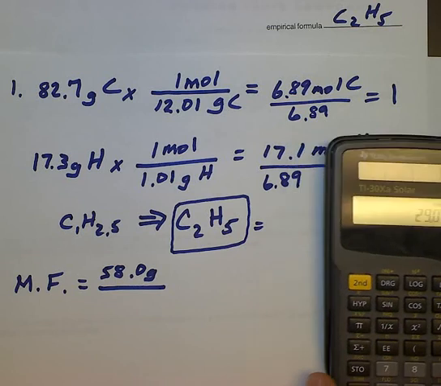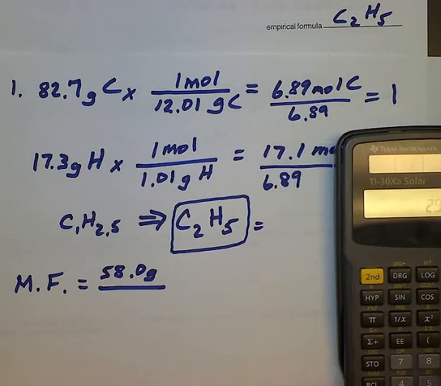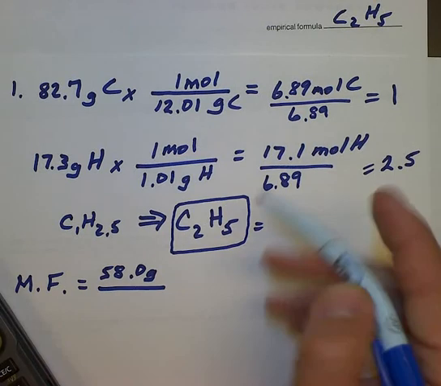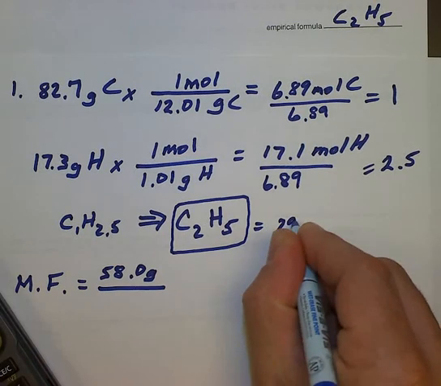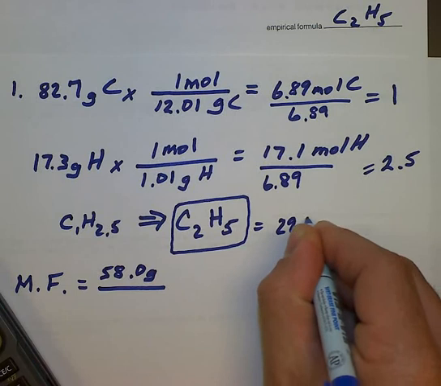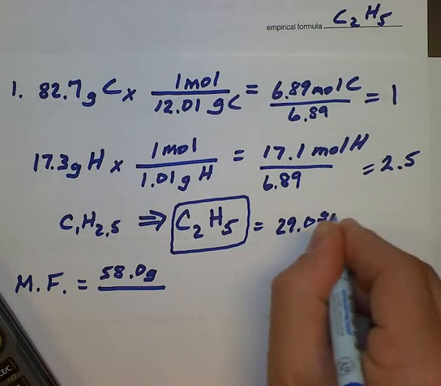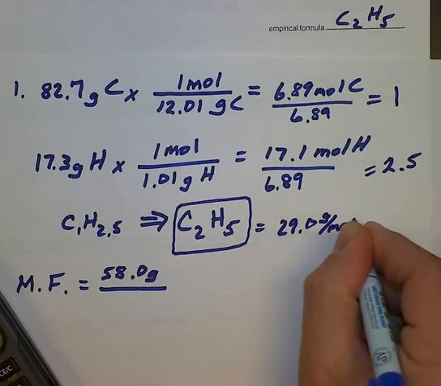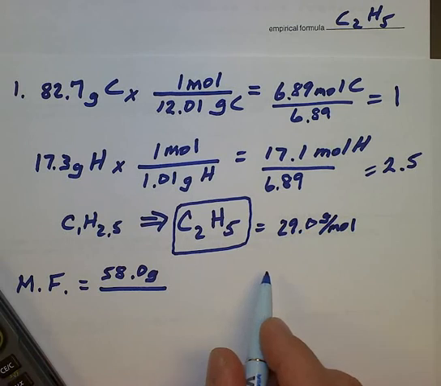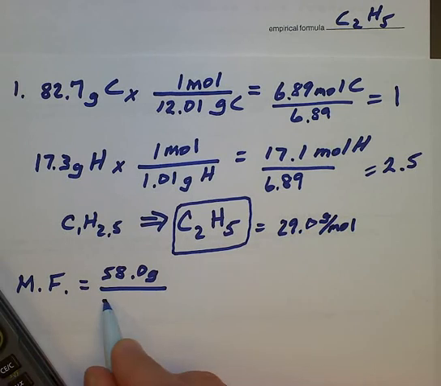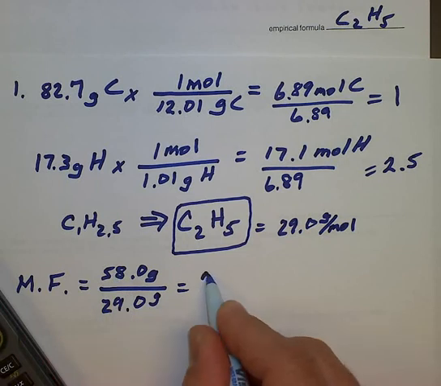So the molar mass of this substance is essentially 29.0 grams per mole. Okay, I'm going to take that number and we're going to put it right here in the denominator. We're going to divide it into 58. So 58 divided by 29 is 2.